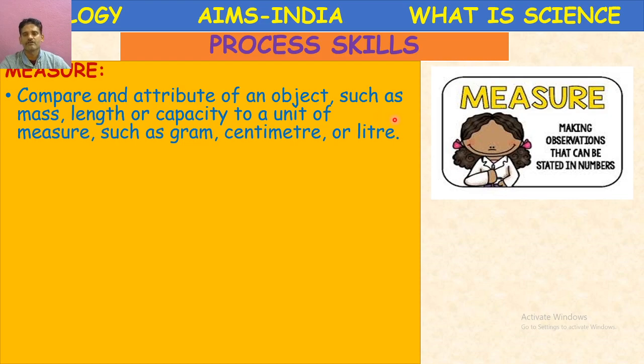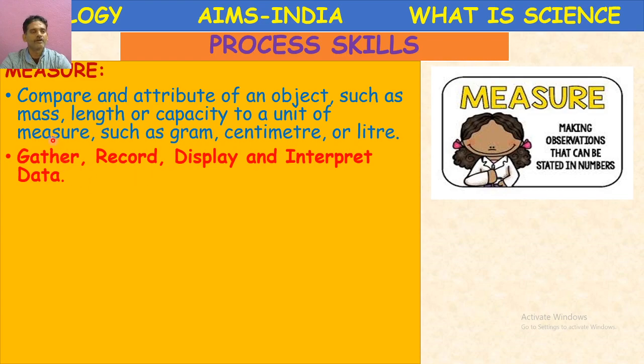Whatever you observe, you put on paper in the form of numbers: 5 centimeters, 10 centimeters, 10 grams, 100 grams, kilograms, kilometers, or liters, depending upon the requirement, the situation and the topic you have selected. You have to select the possible unit first, and then proceed accordingly.